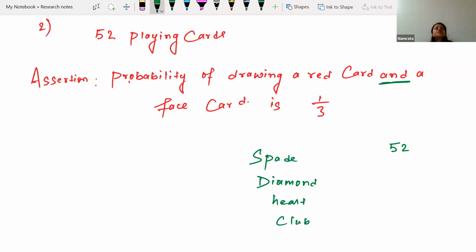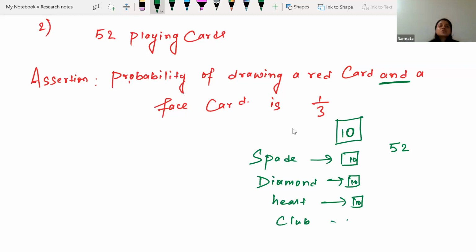So each one has one card. If I'm talking about the 10 card, each suit has one 10: one 10 from here, one from here, one from here, and one from here. This is how the cards are arranged.